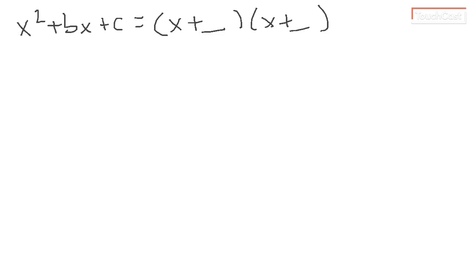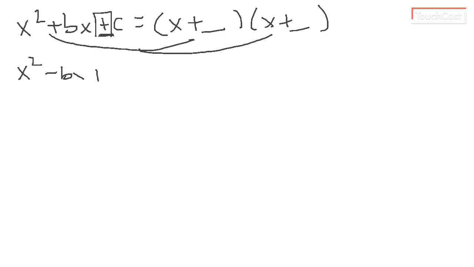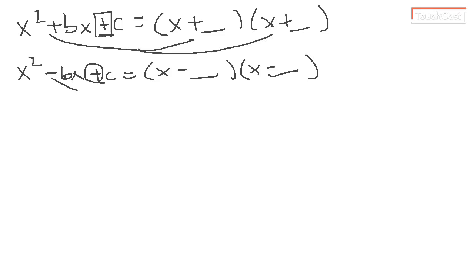And that happens because if we have the plus sign at the end, both factors take the middle sign. That also happens if we have x squared minus bx plus c. Our factors will be x minus something times x minus something. Because we've got a plus sign at the end, both factors take the middle sign.